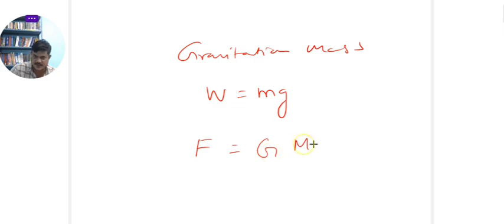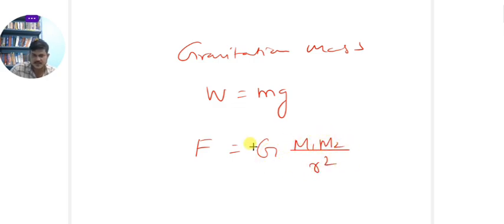Gravitational mass. What is gravity? Weight equals mass into gravity. Newton's law of gravitation says the force of attraction between any two objects across the universe is G m1 m2 by r square.